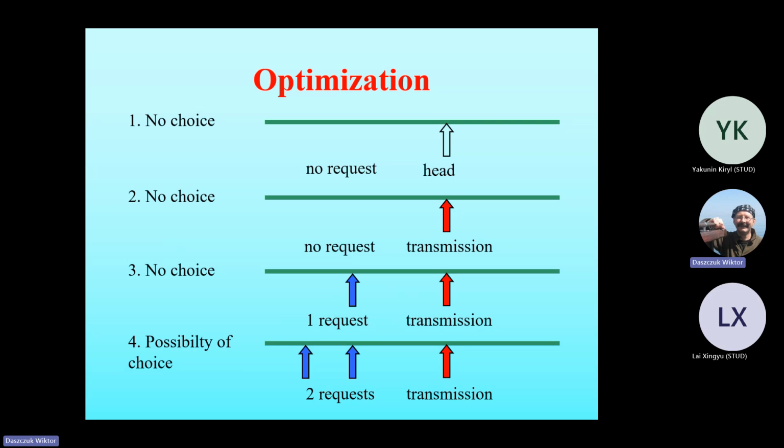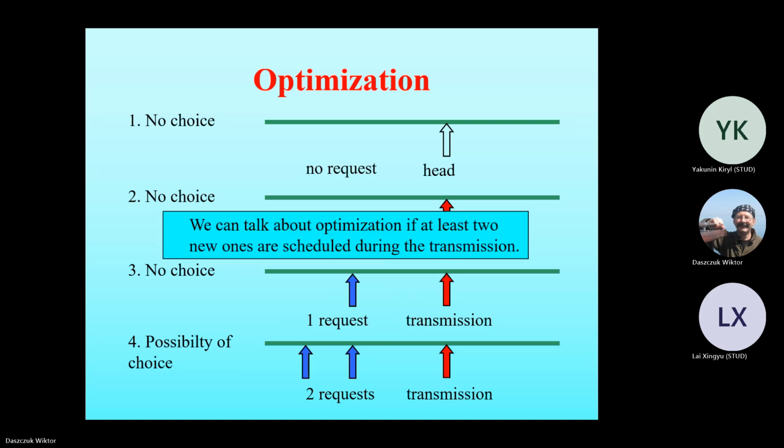Only if we have more than one request while we are transmitting data, we can choose which one will be the next, the left one or the right one. So we can optimize if we have a choice.